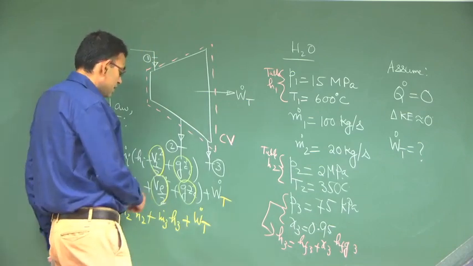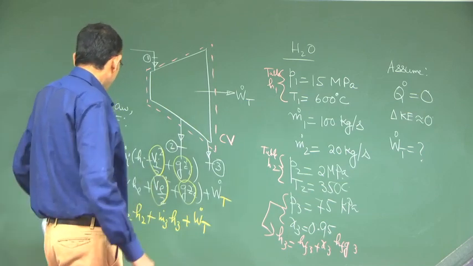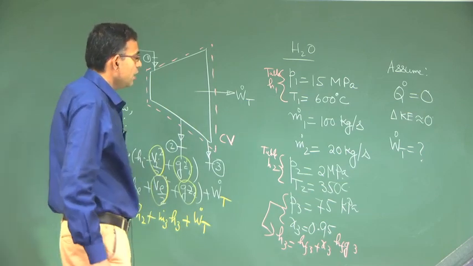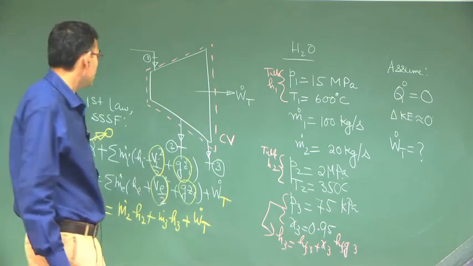If you substitute all these values, you will get W dot T, but m dot has to be worked out. You have the mass balance at steady flow condition.